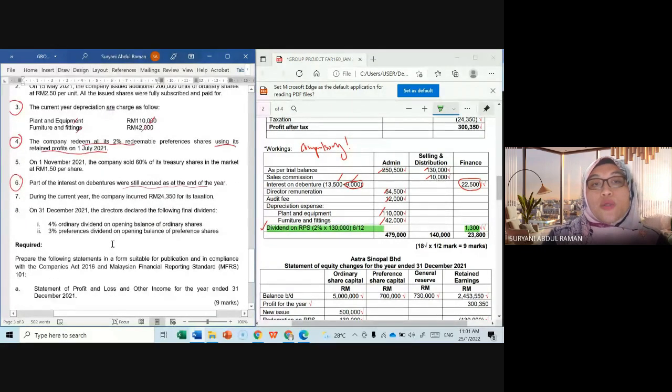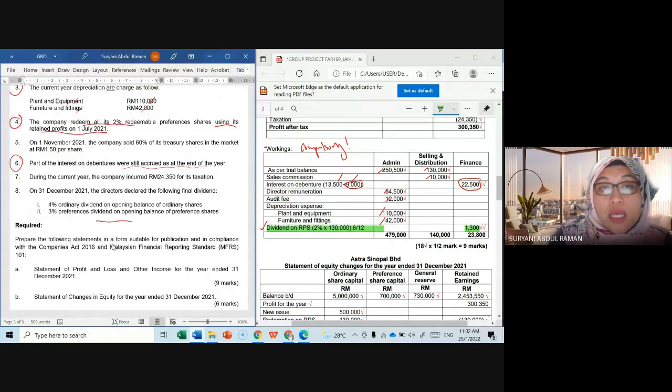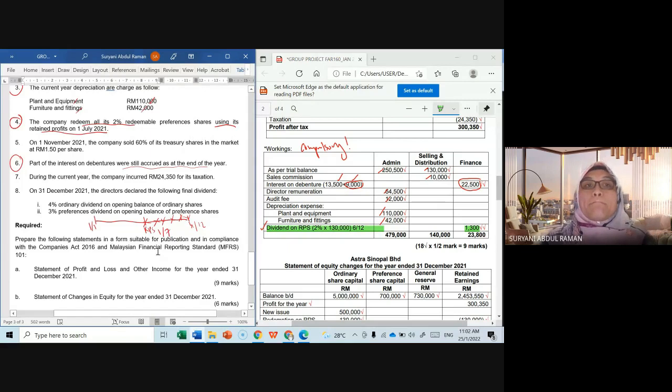So you must know that the dividend rate and the interest is on a timely basis. If you have 12 months in one reporting period, 1/1 to 31/12, but this RPS is no longer in the company starting on 1st July, why? Because we redeem.